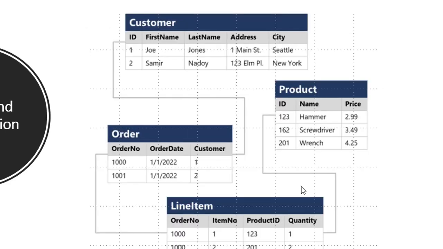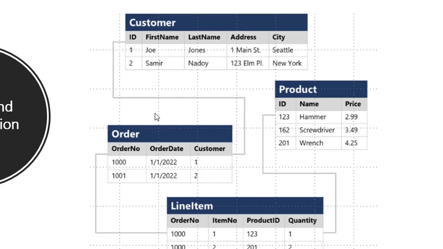So if we look into this, it shows that one table is only for customer, one table is only for products, one table is only for orders, and another is only for line item. And this connection shows the relationship between the tables. For example, this id is the primary key here, and it has a relationship with the orders table through id. So here id is primary key, and in the order table it's a foreign key.